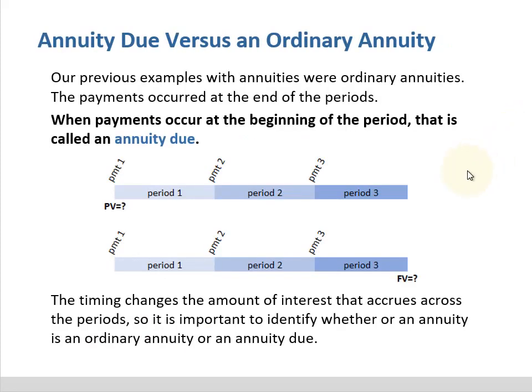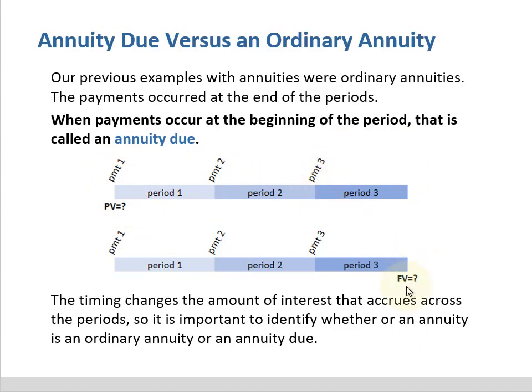Well, let's change gears again, and now let's talk about annuity due situations and how that changes our computations. When payments occur at the beginning of the periods as opposed to at the end of the periods, we have annuity due situations. So notice in this present value of an annuity situation, payments occur at the beginning of each one of these periods.